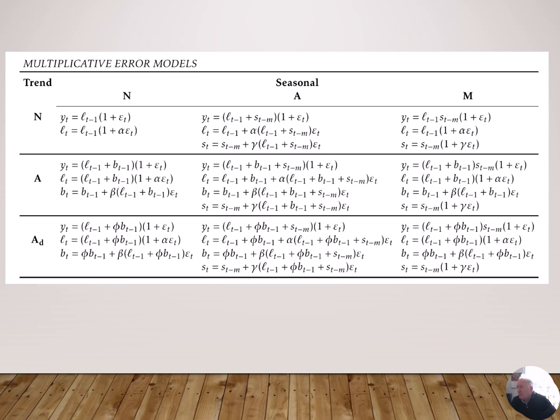So we can also have multiplicative error models. So in this case, we set the trend either to N or to A, and the seasonal we can either set to A or N, and they can be multiplicative.